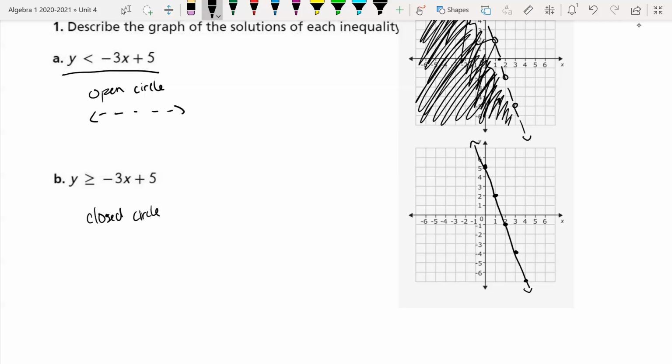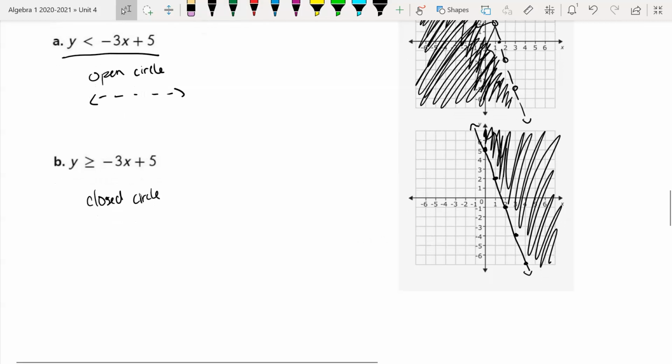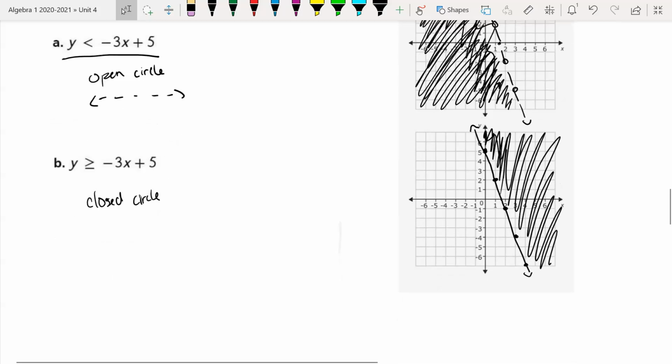But this one's greater than or equal to, so I can start on my line, greater than or equal to. I would go above, aka everything up here. All right. So that's just another example of graphing inequalities.